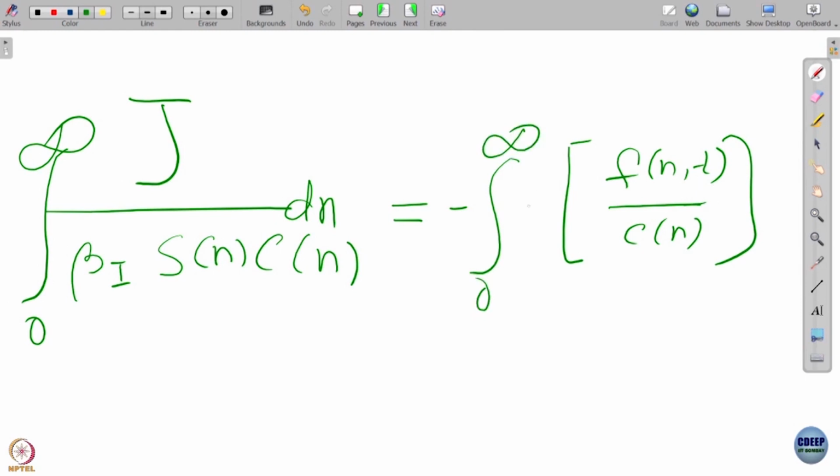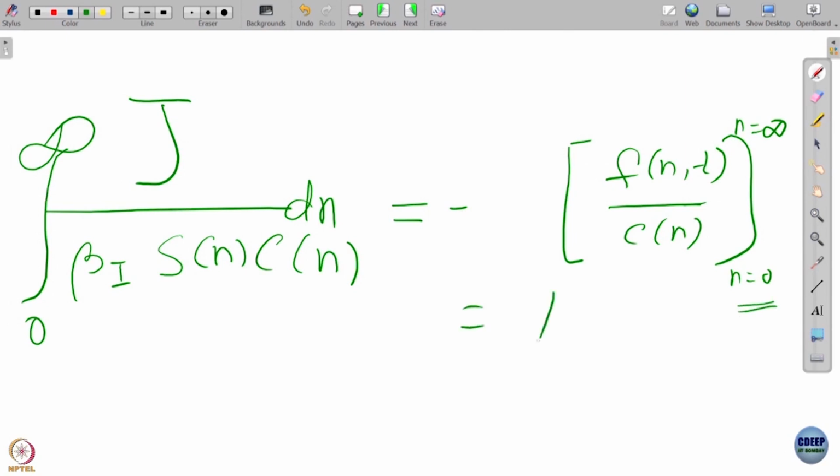There is a d here, so it just goes, and this becomes evaluated at n equal to 0 and n equal to infinity. Now, n equal to infinity is 0, and at n equal to 0, f n equals C n. There is a minus in front, and because it is the lower limit I just get 1.